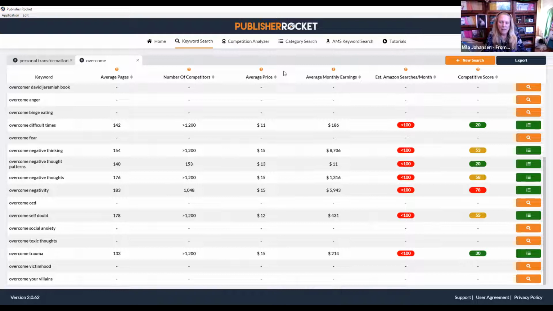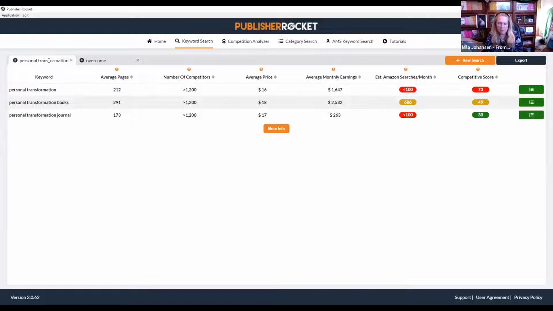I have a question. Yes, sir. If it was good to have personal transformation book, and then it said journal, so would it behoove us to put in both of those because they're very high? Personal transformation book, and then would you put in personal transformation journal or go to another subject like the one we just did?